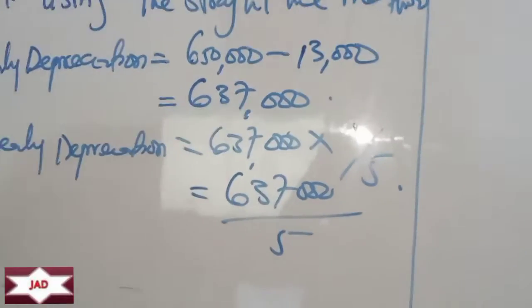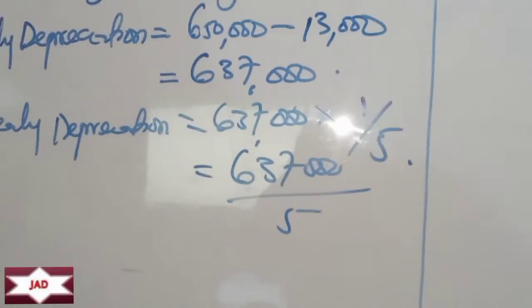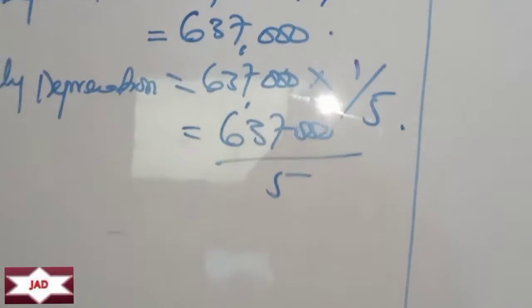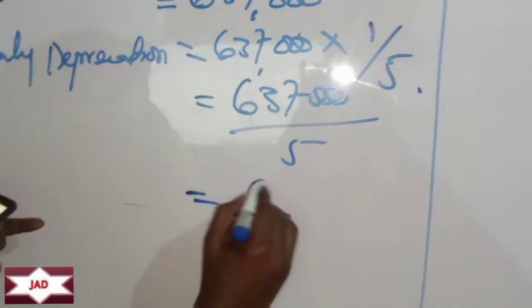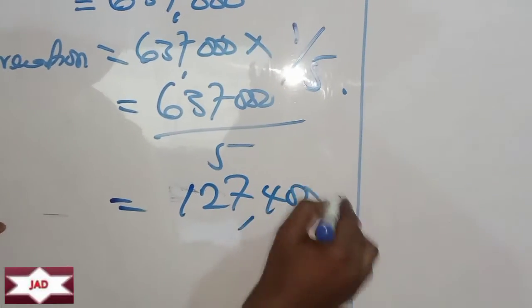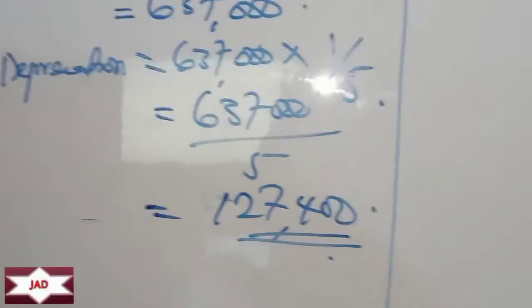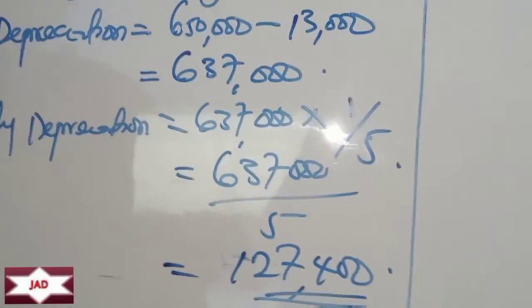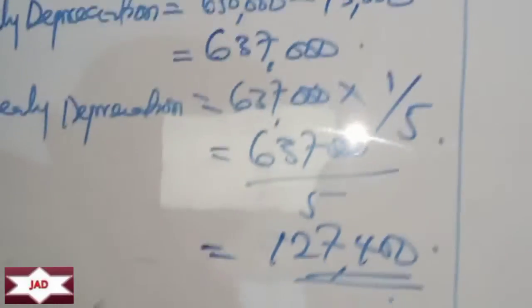So we have 637,000 divided by 5. So that means yearly depreciation is equal to 127,400.